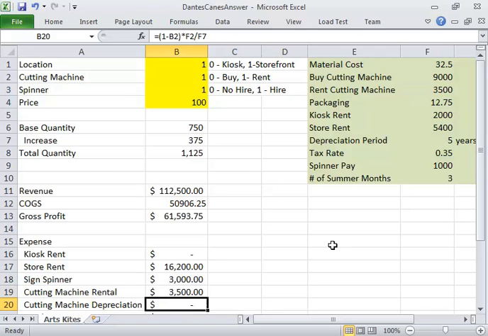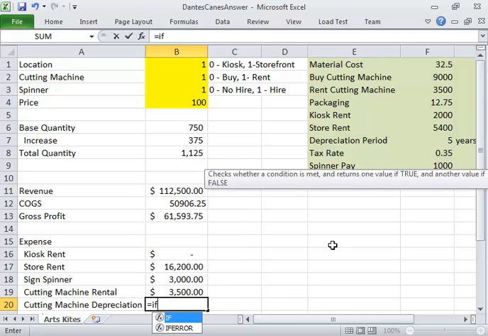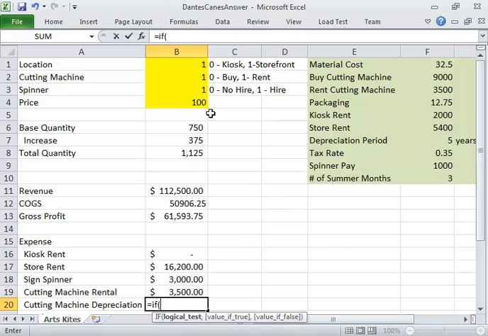And if we are buying our machine, it would be equals IF cutting machine equals buy. So if we're buying our machine, then we're paying the purchase price divided by the depreciation period as depreciation in each year for the summer, else we're paying 0.